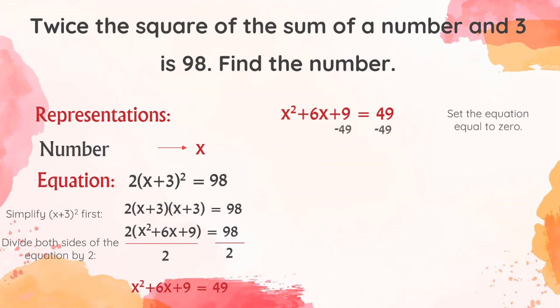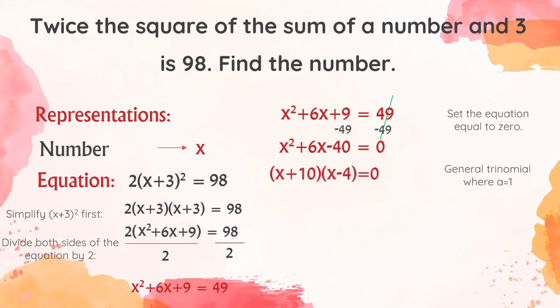Let us eliminate positive 49 sa right side. So let's add negative 49. The equation becomes x squared plus 6x plus 9 minus 49 o kaya negative 40 na lang. Then equals 0. X squared plus 6x minus 40 is a general trinomial where a is equal to 1.